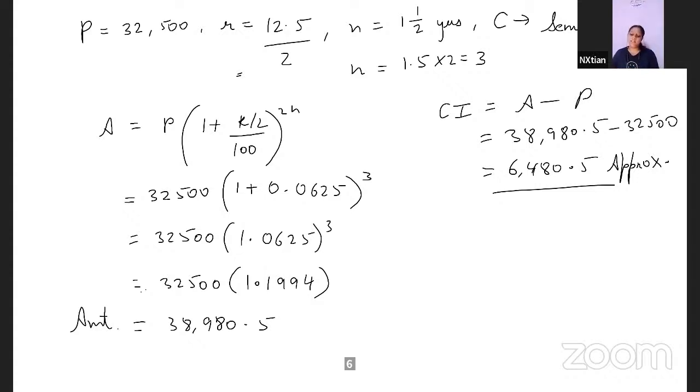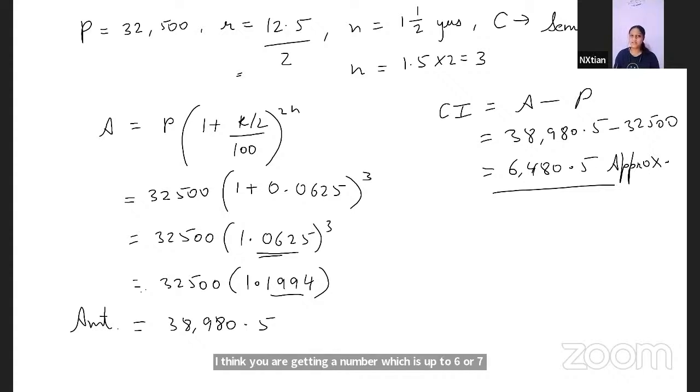6,482.54 is the answer. Okay, I'll tell you why that is coming. When you cube 1.0625, you will get a number with many decimal places. 1.1994, we took it till 4 decimal places. Mostly we take the number till 3 or 4 decimal places, but some are bigger, 6 or 7 decimal places.